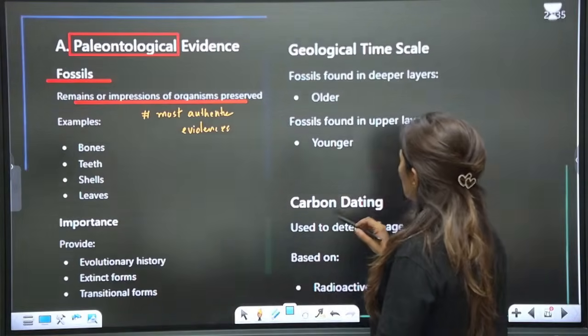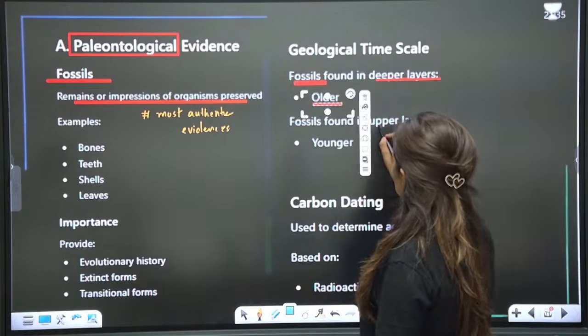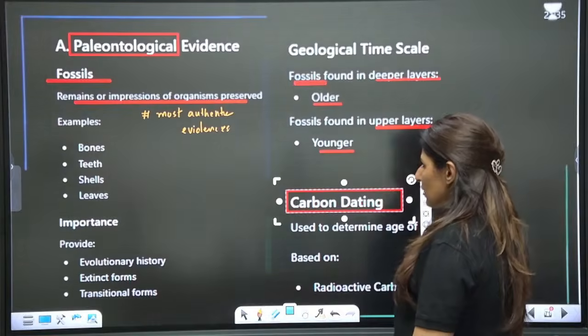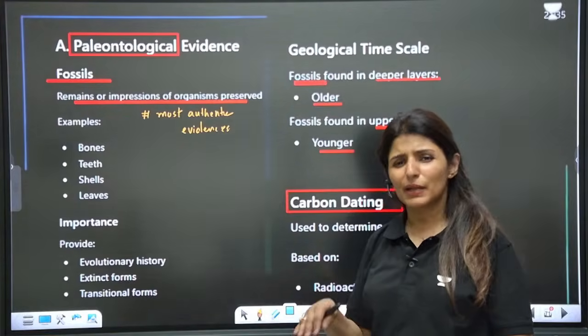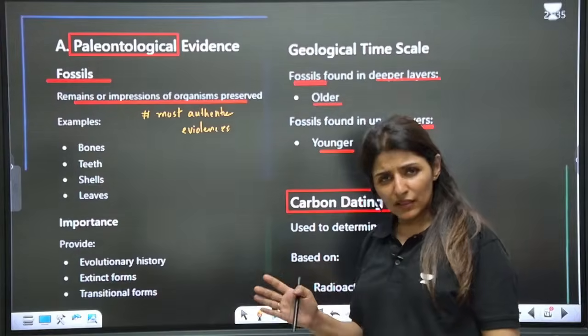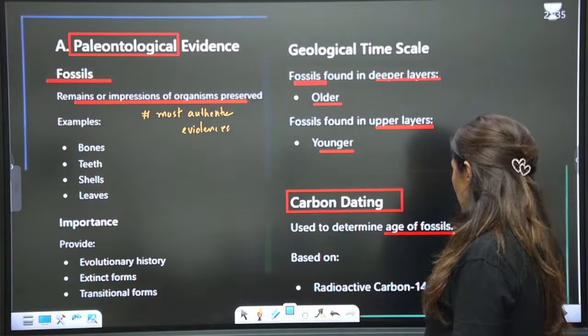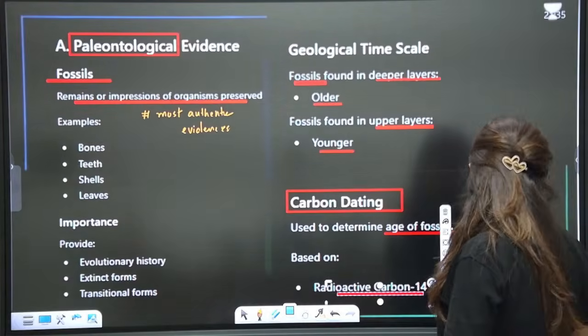First of all, the deeper the fossils are, the older they are, and those found in the upper layers are younger. But then we have a more scientific way, called carbon dating, and other than carbon dating we also have the potassium-argon method and many other methods for different fossils. For carbon dating, we use radioactive C14.